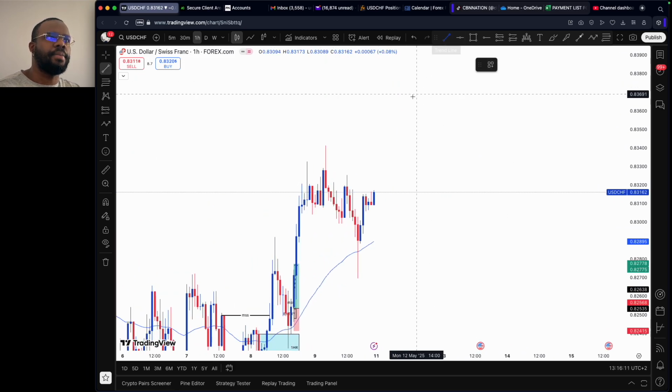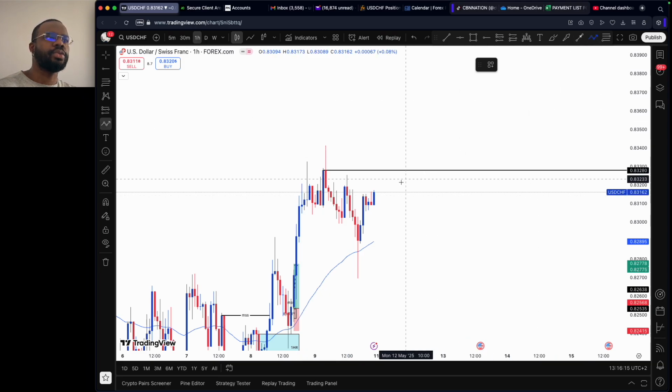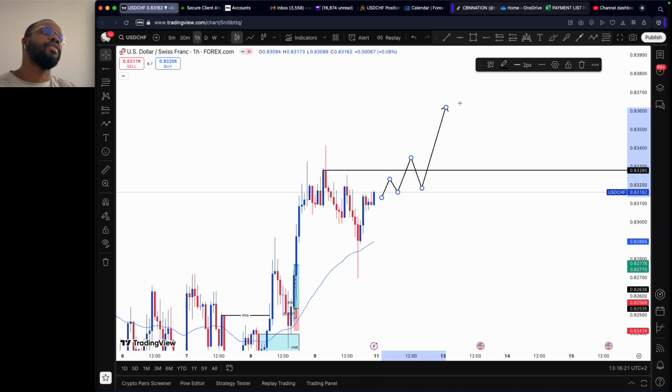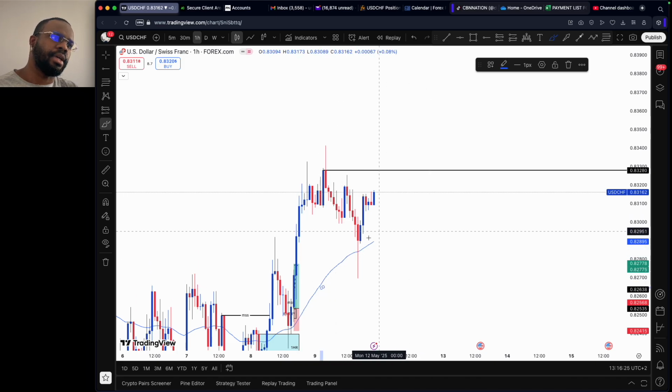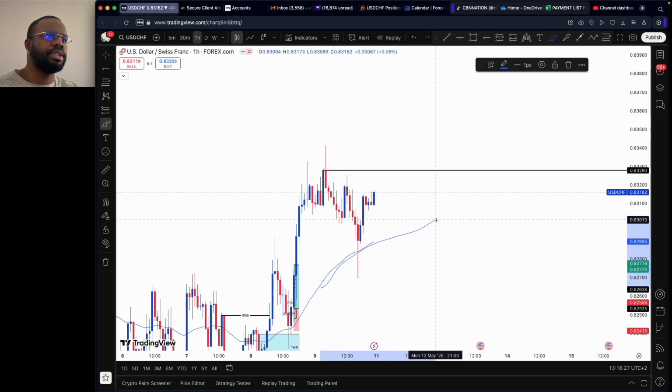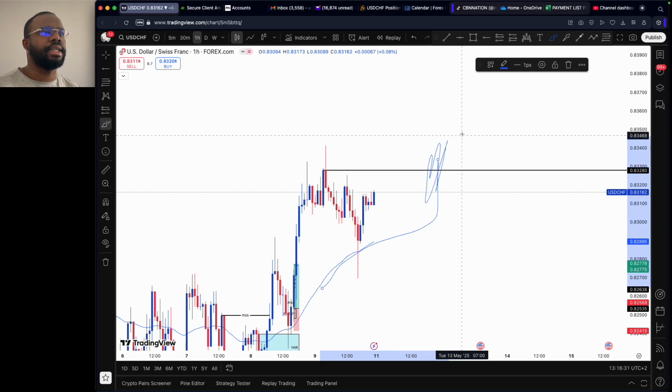Now what I am working with right now is this high. I want to see price come over, take out this high, then give a retest for a buy continuation. And as you can see, the EMA is still below price, which is very good, a sign that the buys are still in the market.